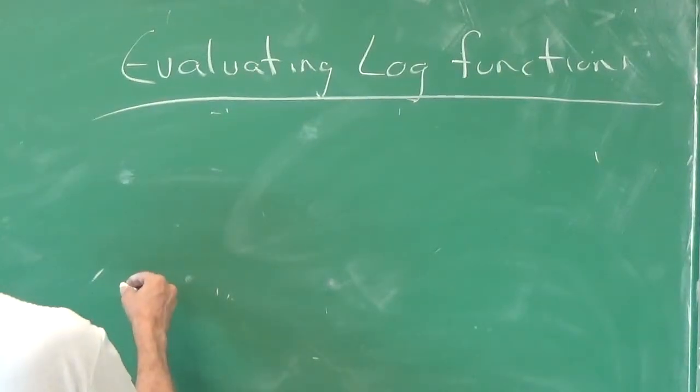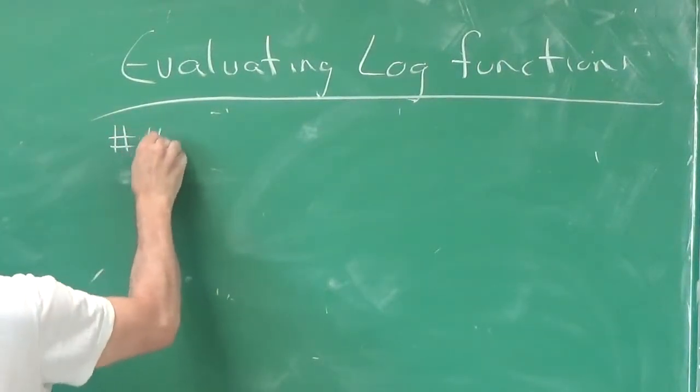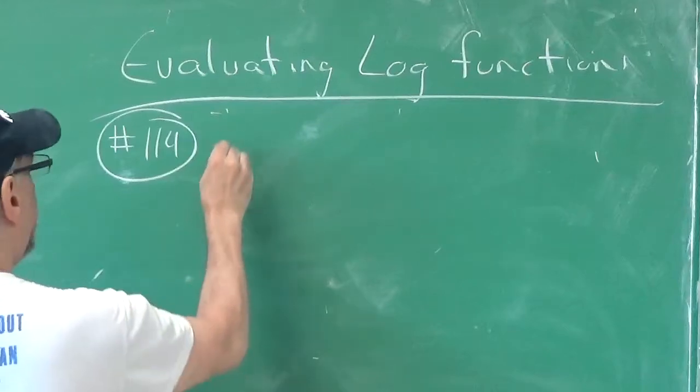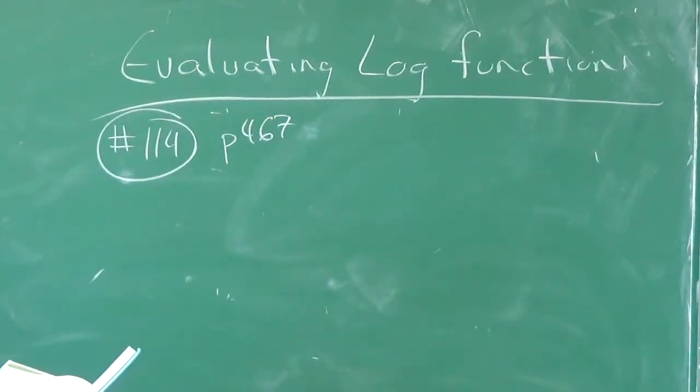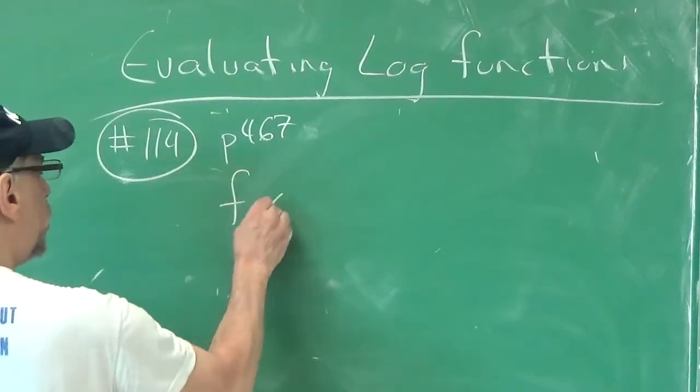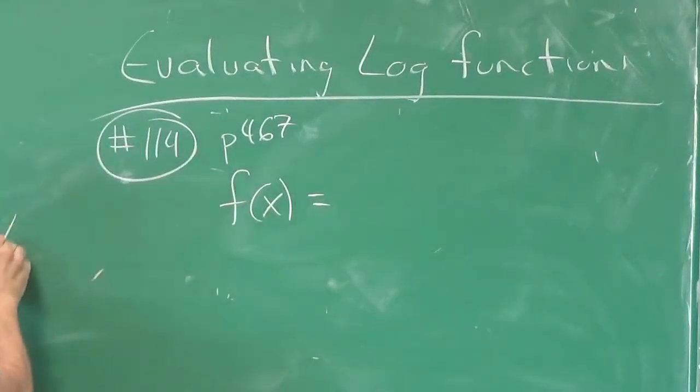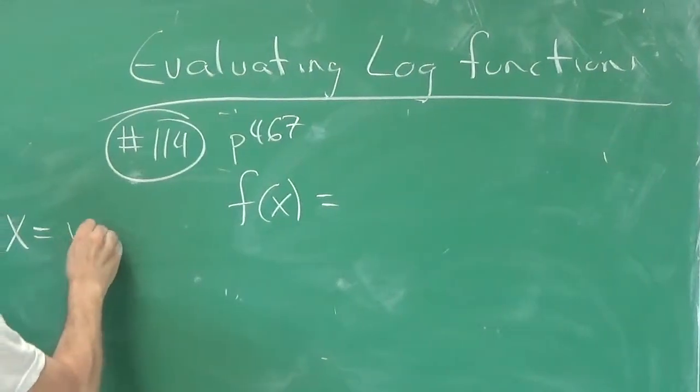So I'm looking at number 114 on page 467. And this is a function that gives the adult height attained by a female who is x years old. Okay, so this is the function f of x. X is years old.